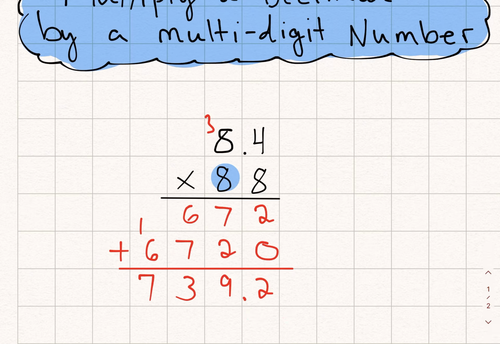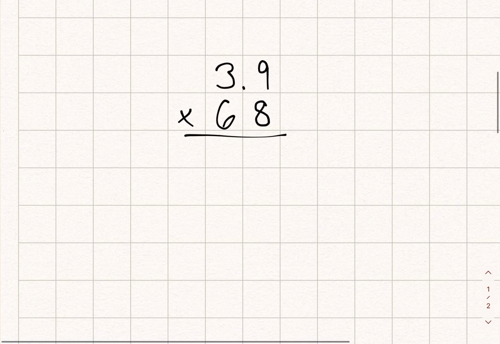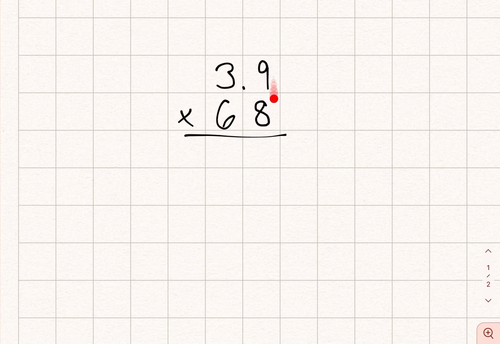Let's try an example. Go ahead and in your math notebook, write down this problem here. We've got 3 and 9/10 times 68. Go ahead and write this down and follow along with me while I solve this problem. We're going to start here in the units place. 8 times 9. Let's see, the 9's trick, so it's got to start with a 7.